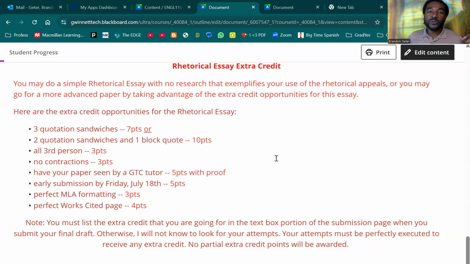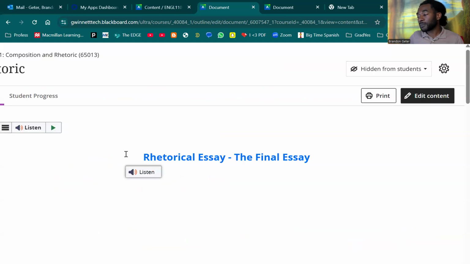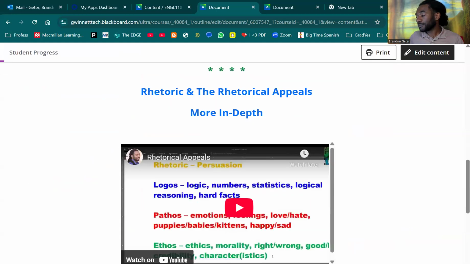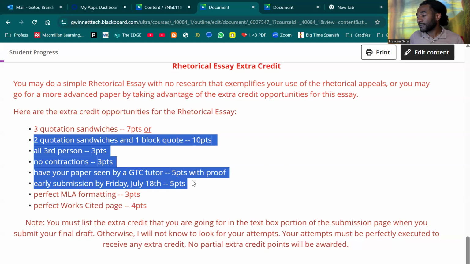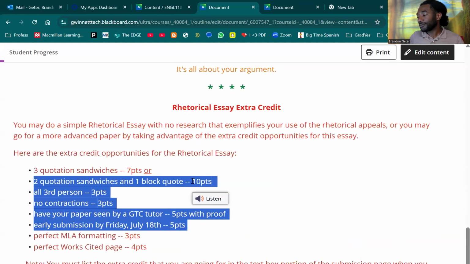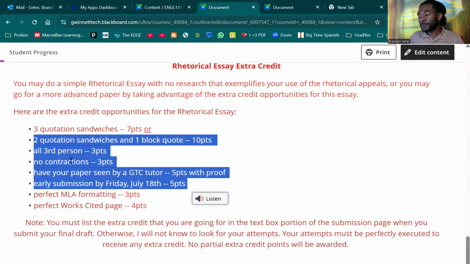So when you submit your Word or PDF document, in the part of the submission box where you can type, you can just copy and paste the ones that you're going for. So I say I'm going for these. Just copy and paste those in there. And then I'll look for them to make sure you did them.